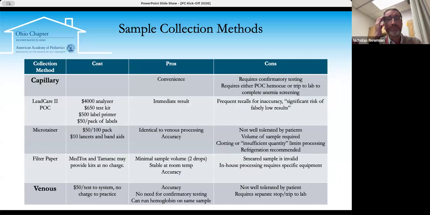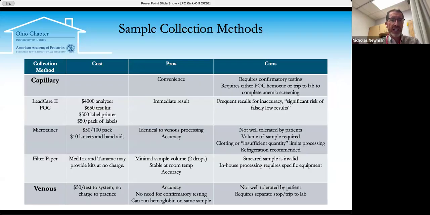And so there are a bunch of different ways that you can collect the samples, right? We'll try to go through this quickly and not read the whole thing to you because you can all read it yourselves, right? So you have basically three basic approaches for capillary testing.